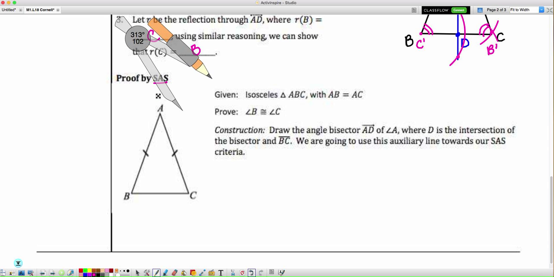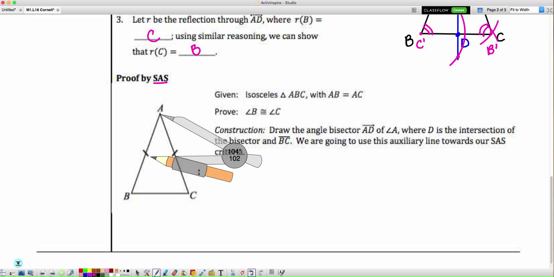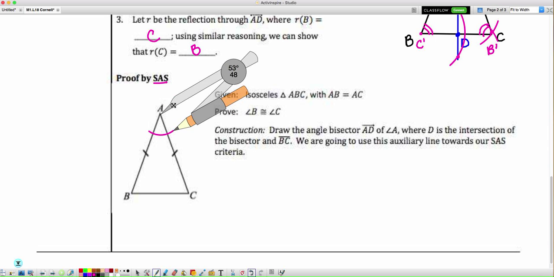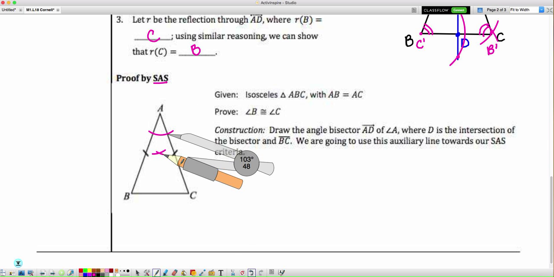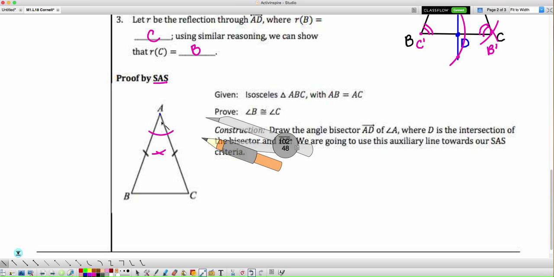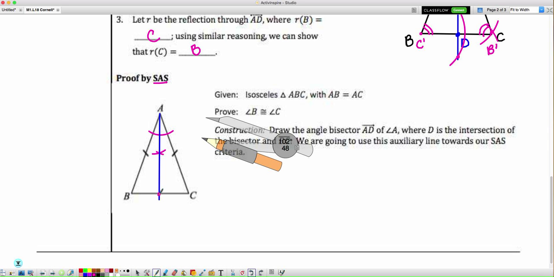So I'm going to take the angle bisector, so I'm going to draw my first arc, and then I'm going to draw this next arc, move it over, this next arc, and then I'll draw my line straight down from A to this side. And I'm going to call this D again.